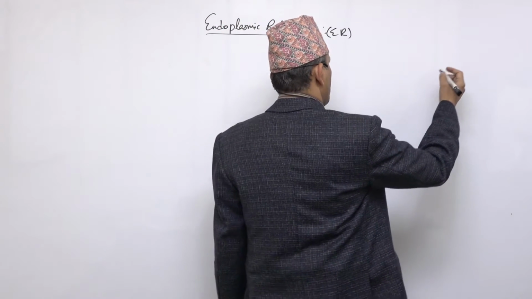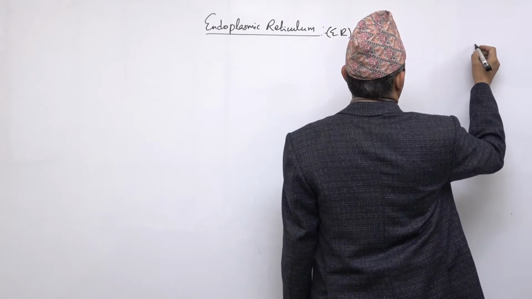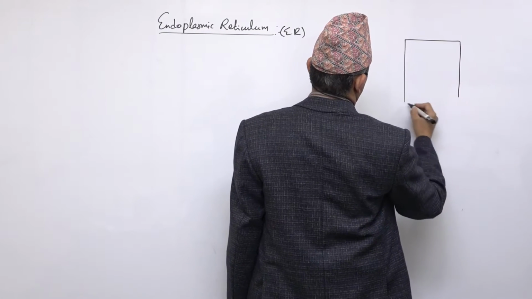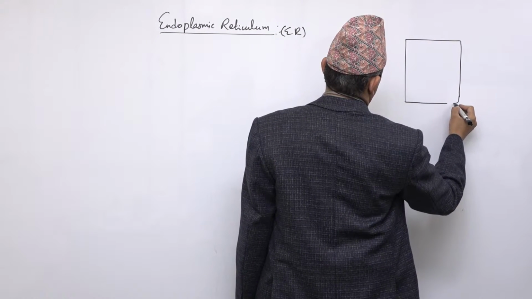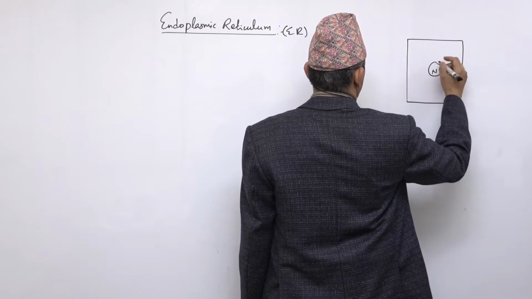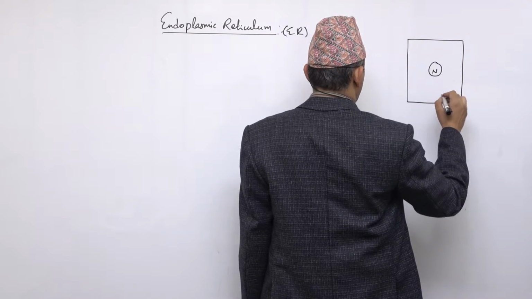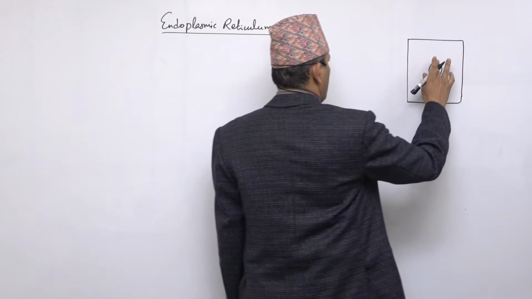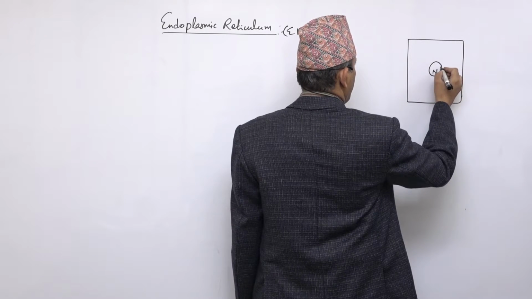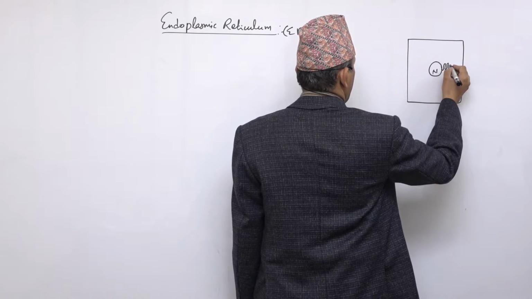So if you draw the structure of cell, let's say this is a plant cell. Let's say small plant cell. Let's suppose this is nucleus. So you might have drawn the figure of plant cell or animal cell. While drawing the figure of plant cell and animal cell, you might have drawn the structure like this.